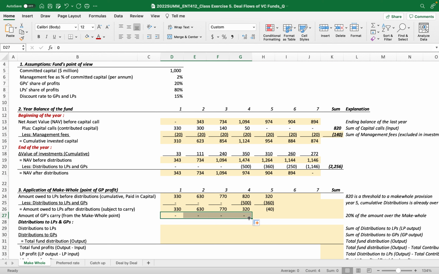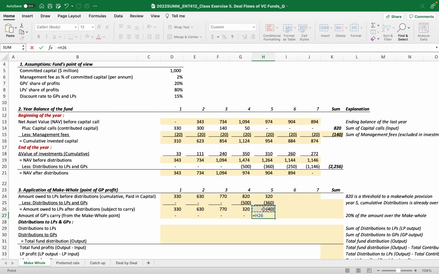But from this, now how to calculate this 40, times, let's remove a minus, because that is the benefit, right? How much percentage? 20%, right? I'm going to fix this.